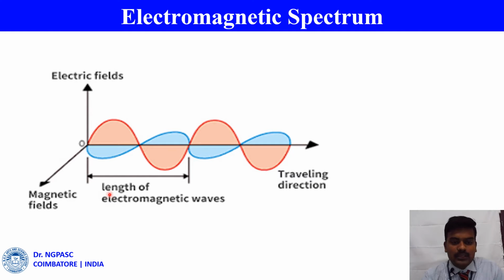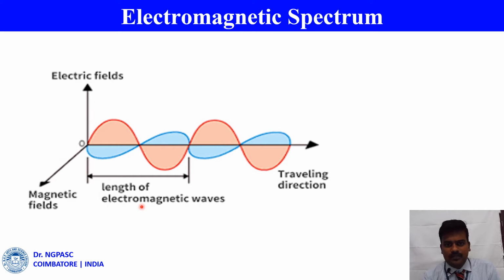The wavelength of the electromagnetic wave is the distance from this point to this point, between one crest and one trough. So one crest and one trough equal one wavelength, which we generally denote as lambda.